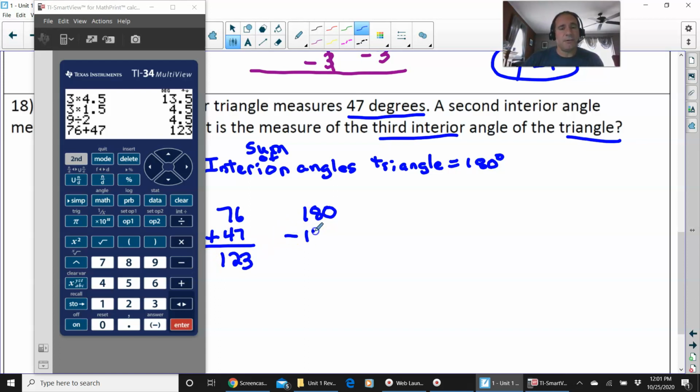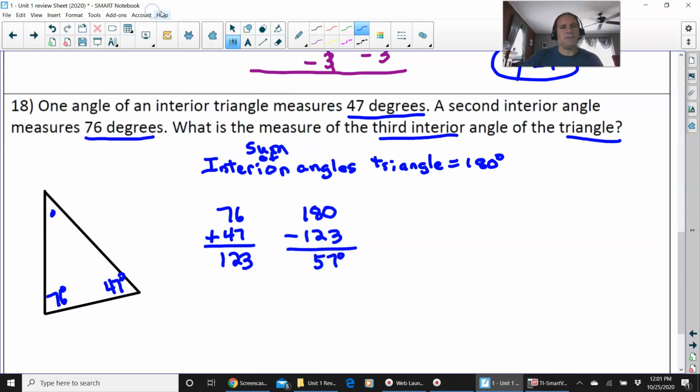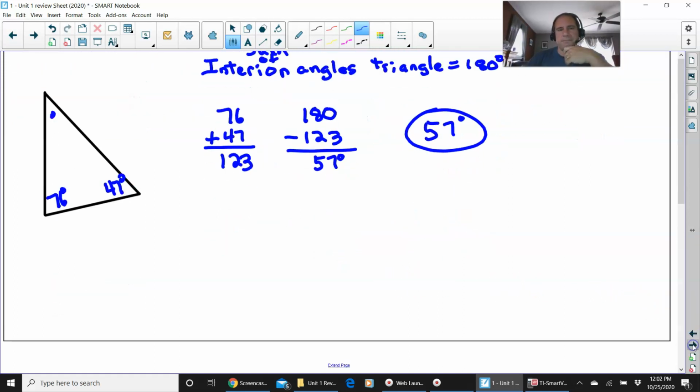You subtract that 123. 180 minus 123 equals 57. So the answer to this question, what is the measure of the third angle, is 57 degrees. All right, and that's about it for that one.